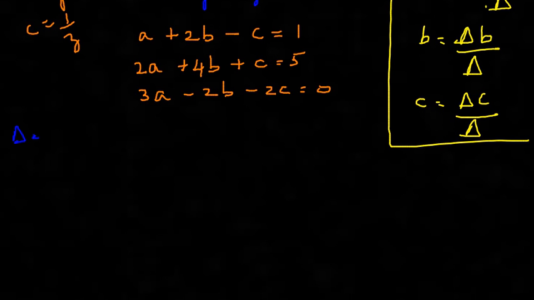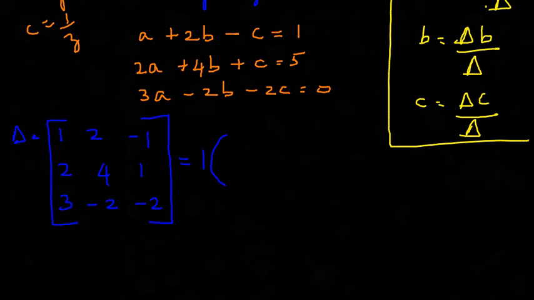So del would be nothing but write the coefficients of a, b and c. 1, 2, minus 1 from the first equation, 2, 4, 1 from the second equation, 3, minus 2, minus 2 from the third equation. So if you expand and find the determinant, it will be 1 into minus 8, minus of minus 2, so it's plus 2, minus 2 into minus 4 minus 3, and then minus 1, hide the corresponding row and column, you get minus 4 minus 12.